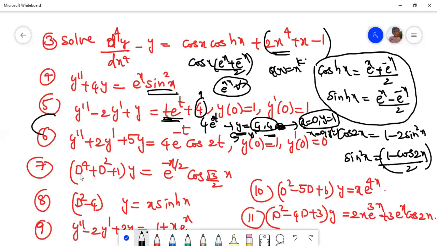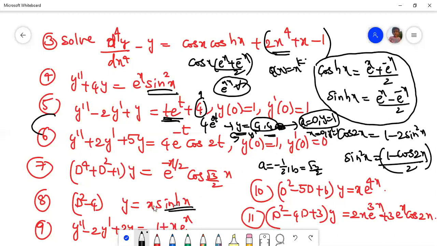And the seventh one, D⁴ + D² + 1. Here just a = -1/2, b = √3/2. That's the change, just apply. sinh x means (e^x - e^-x)/2. You can apply here.